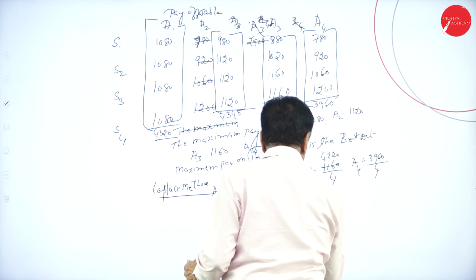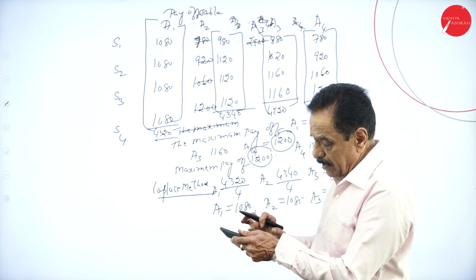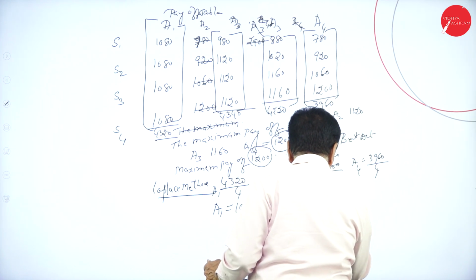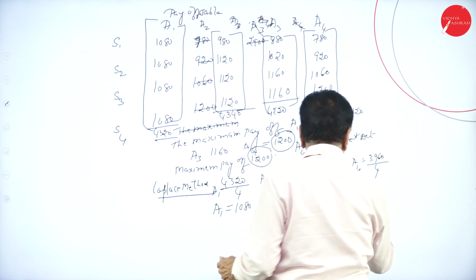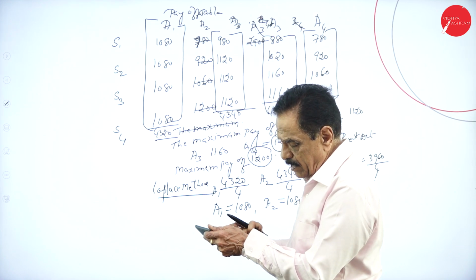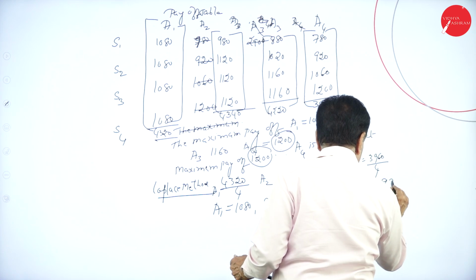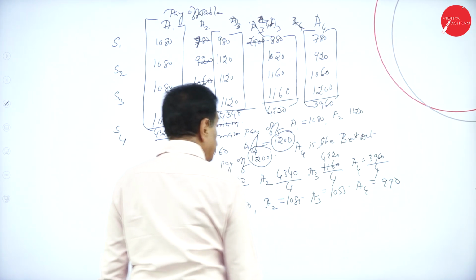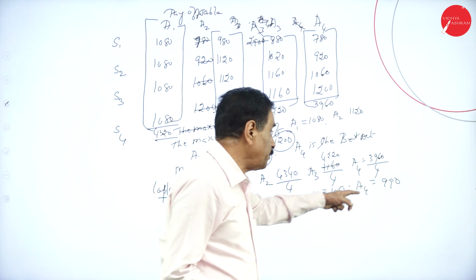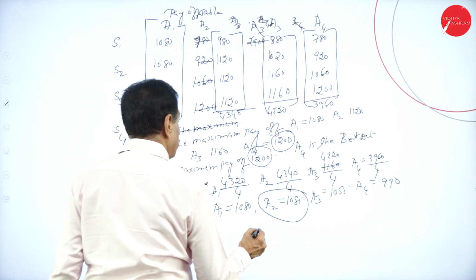A3, 4220 divided by 4, 1055. A4, 3960 divided by 4, 990. So among them, whichever is highest, see that 1080, 1085, 1055, 990, which is the highest one? 1085. A2 is the best act.